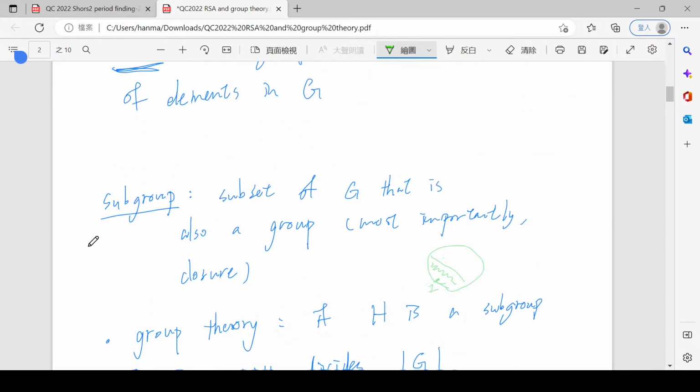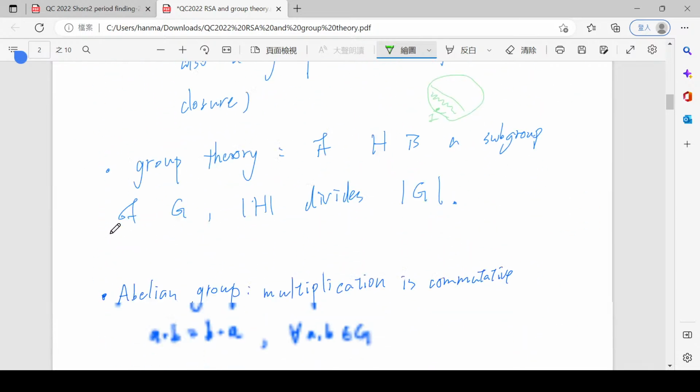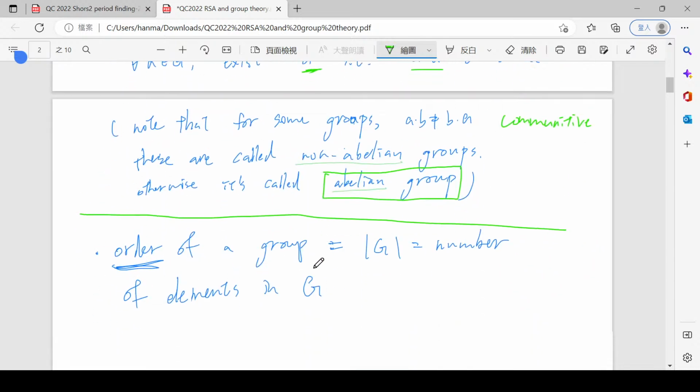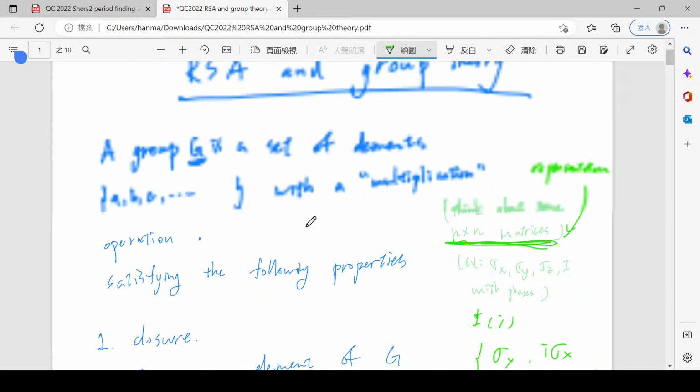Anyway, we need to have more concepts here. A very important thing about a group is the number of elements inside. It's very important, so it has a special name. It's called the order of the group. So the order of the group is the number of elements.